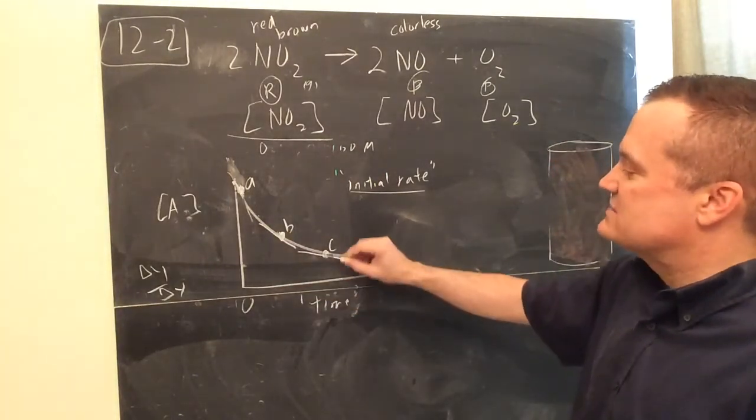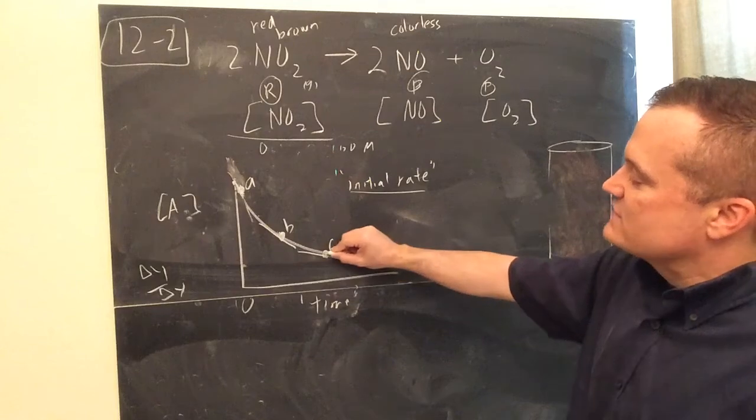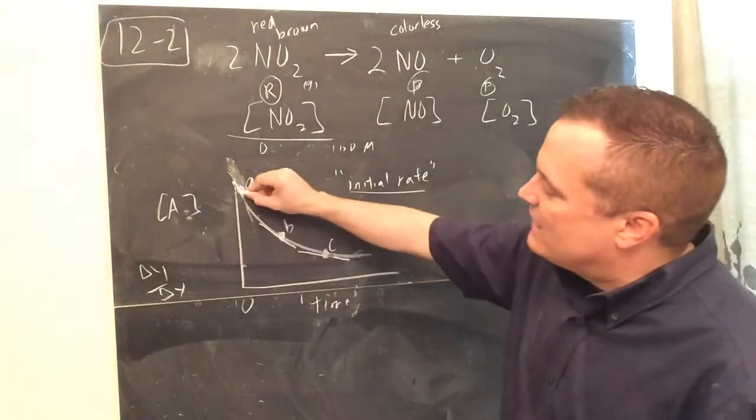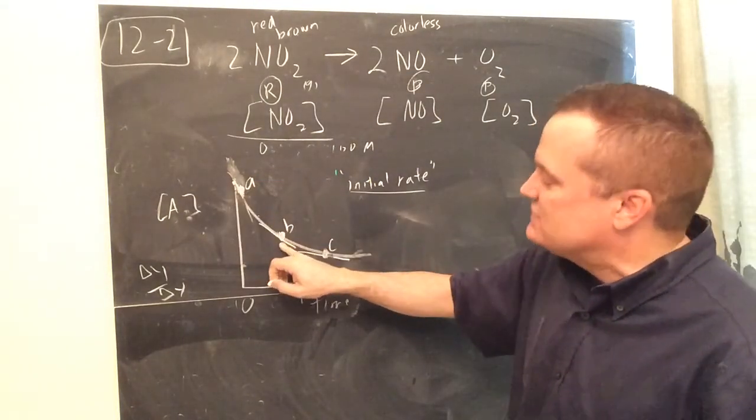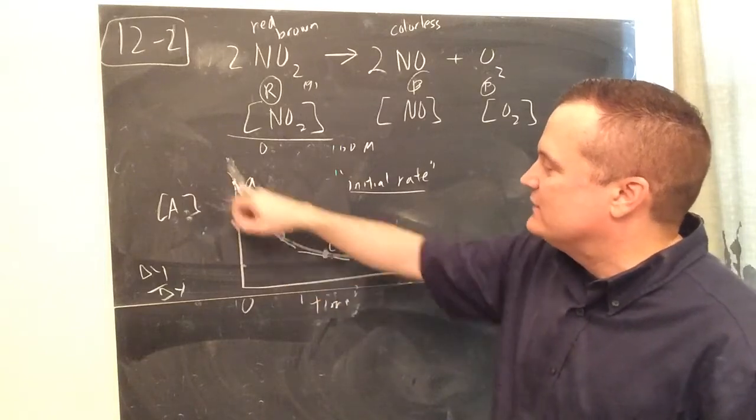Instantaneous rate, as I just said a moment ago, is the slope of the line tangent to the curve at any point on the curve.